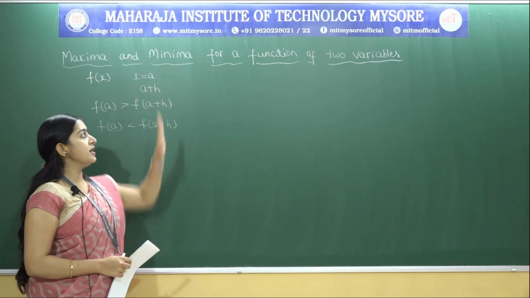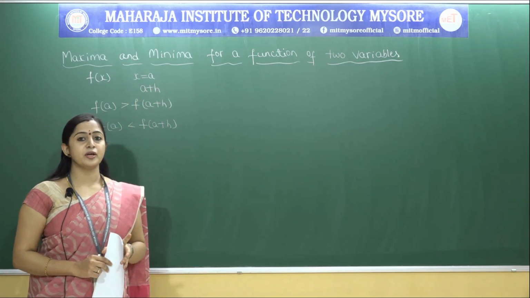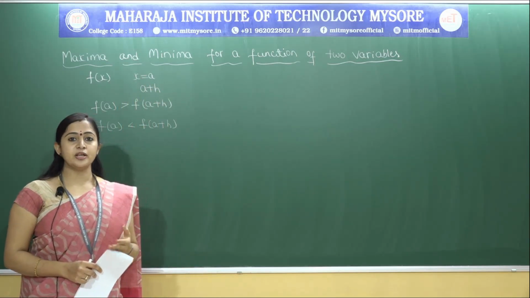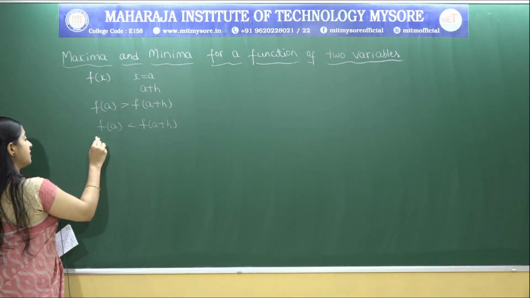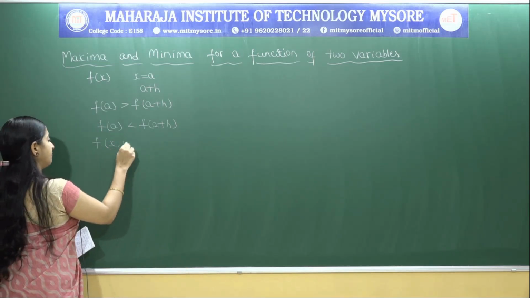So my topic is the maxima and minima for a function of two variables. Suppose I consider the two variables x and y, that is f of x comma y.